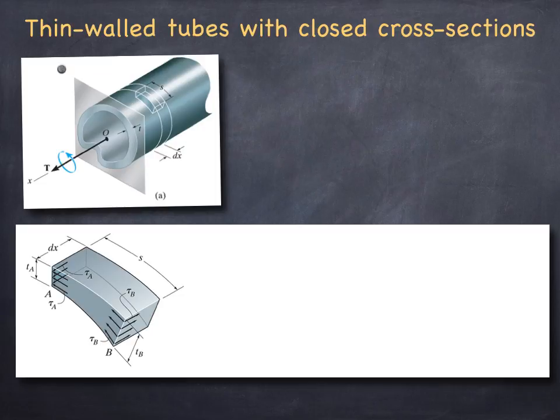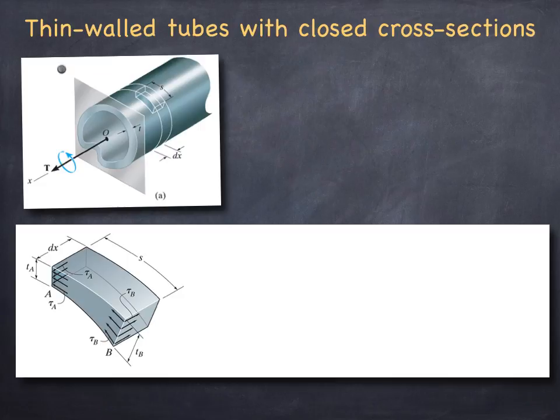In this free body diagram, we have exposed various shear stresses, and those shear stresses exposed within the cross section are tau A and tau B at points A and B. And of course, from balance of angular momentum, the shear stress along the x direction at point A must be of the same magnitude as the in-plane shear stress tau A.